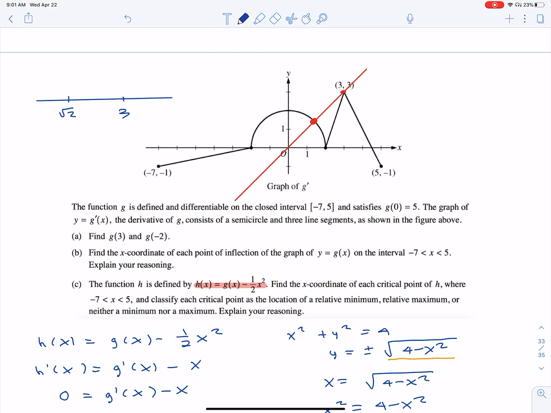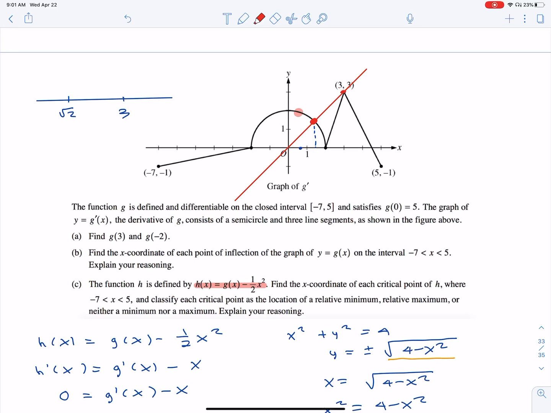So let's look at root 2. Now, if I choose values for x that are less than root 2, for example, x equals 1, I think you'd agree that the black curve is above the red line.